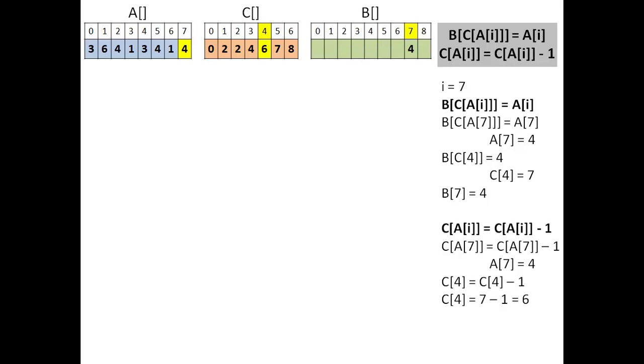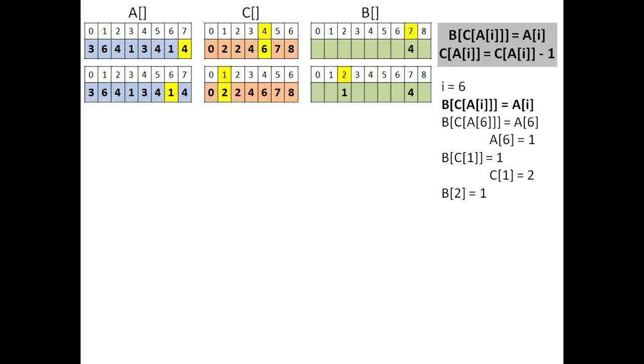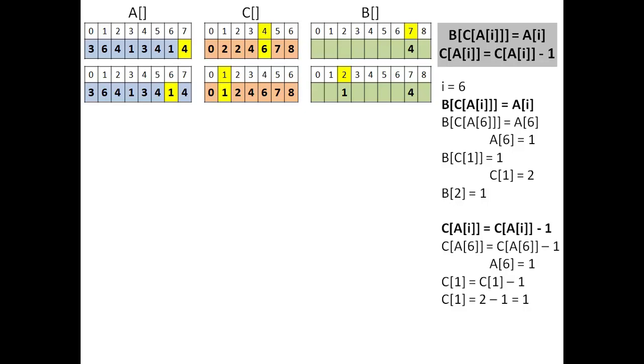Then the frequency has to be reduced by 1, that is C4 becomes 6 now. Then for i equal to 6, A6 is 1 and C1 is 2. So the element 1 gets placed at B2 and the value of C1 gets reduced by 1 again.